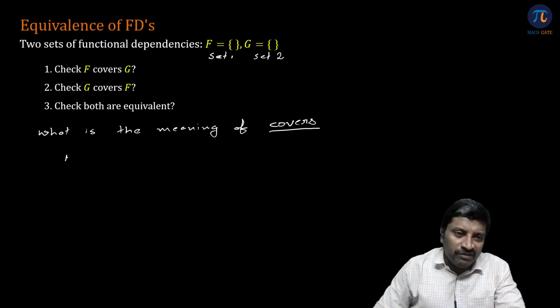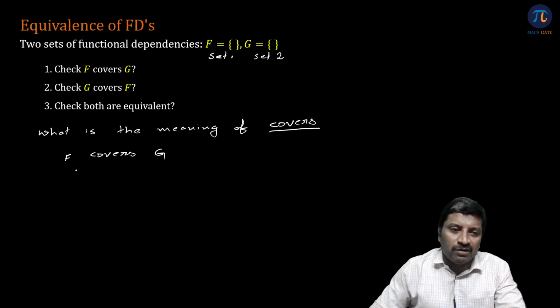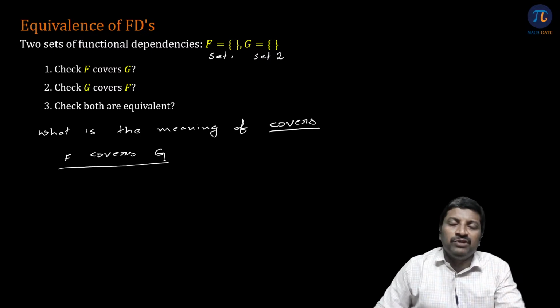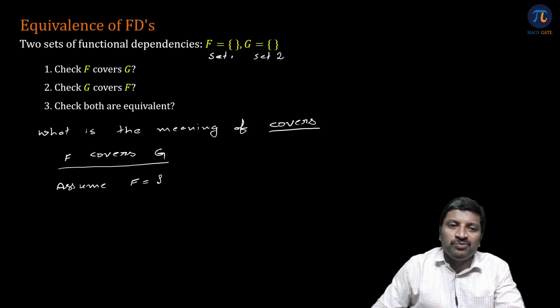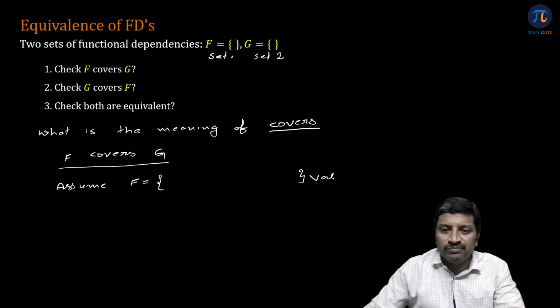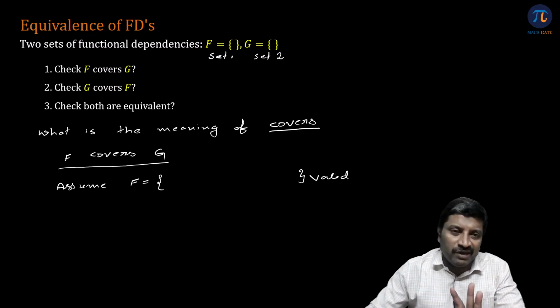Suppose I want to verify whether F covers G or not. So this is what we are going to verify. In that, what we do is we assume F. What does it mean, sir? We assume all the functional dependencies in F are valid.